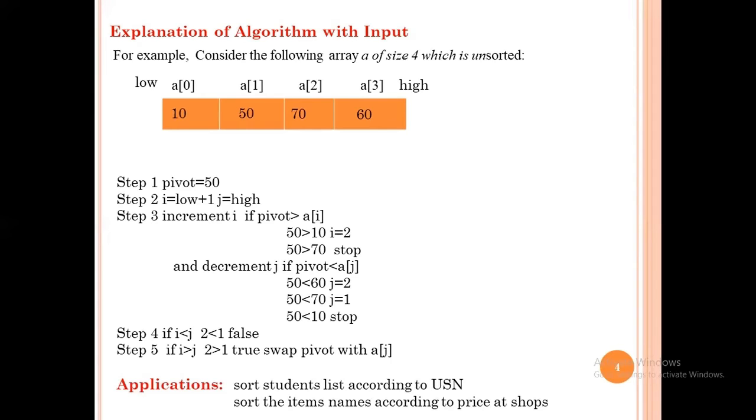The application of QuickSort is to sort student list according to USN. We can use QuickSort to sort the item names according to price at the shops. Now we'll see the execution of algorithm.